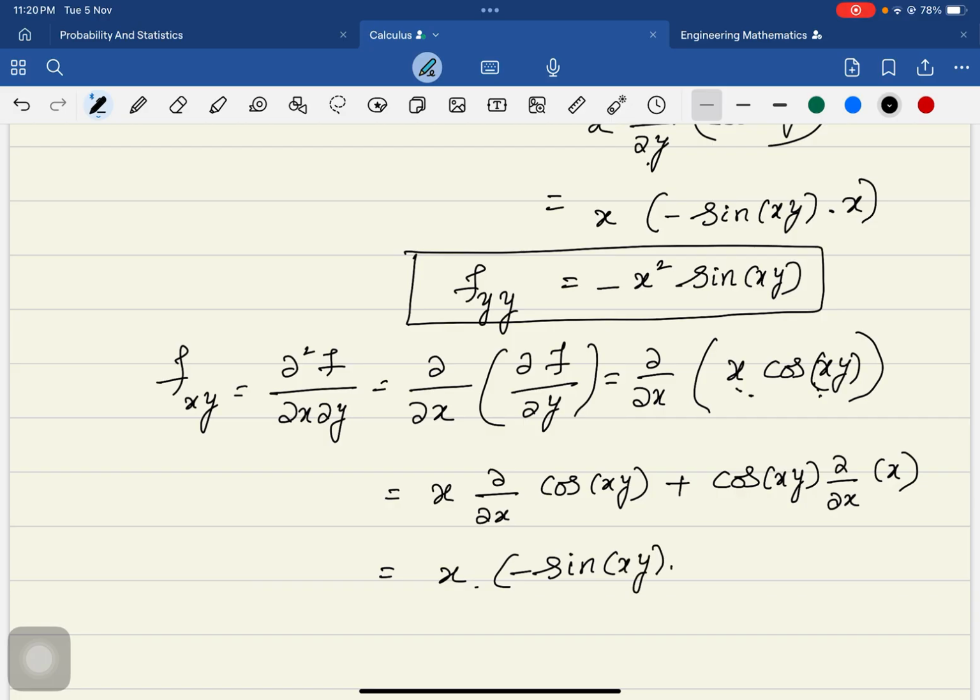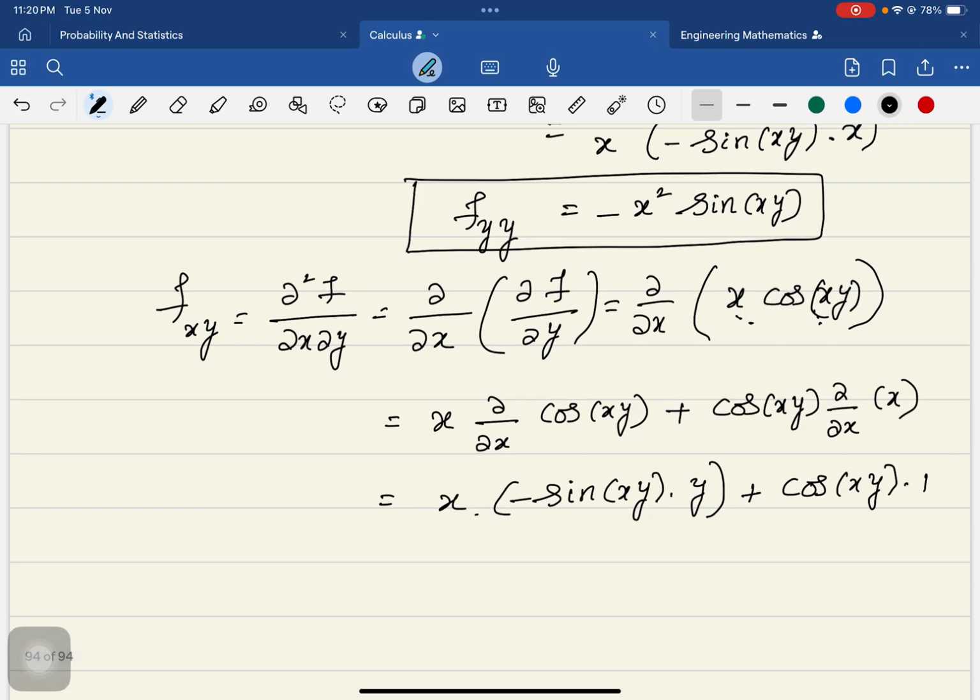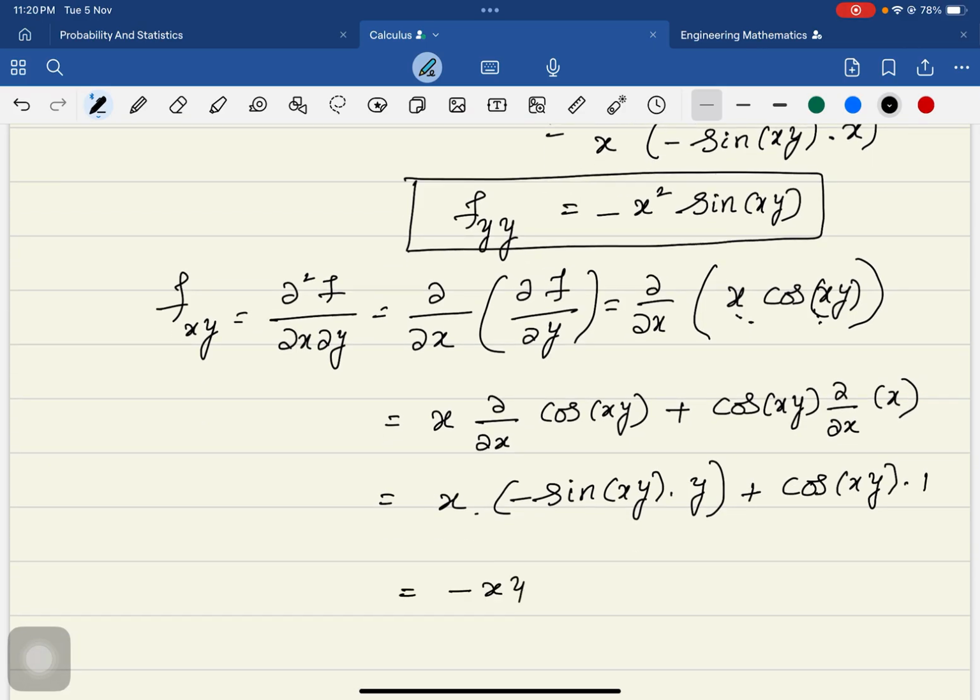The xy derivative with respect to x is y, plus cosine of xy times ∂/∂x of x, which is 1. So the value here is minus xy sine of xy plus cosine of xy plus cosine of xy. So this is your fxy.